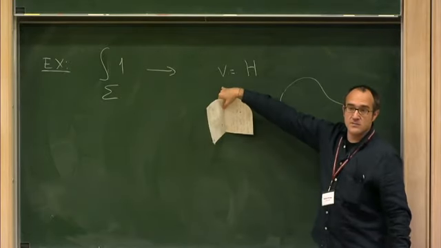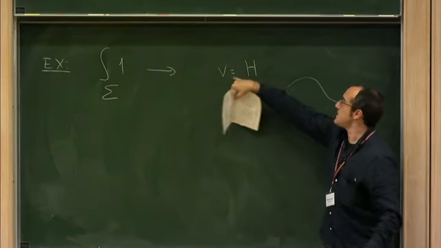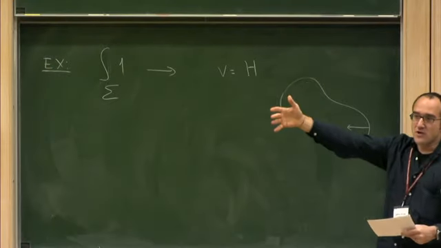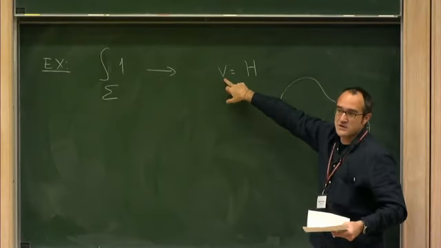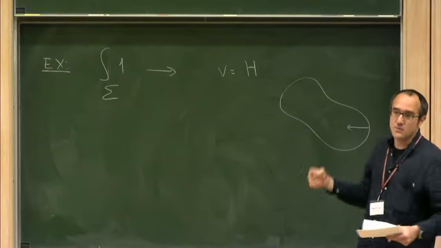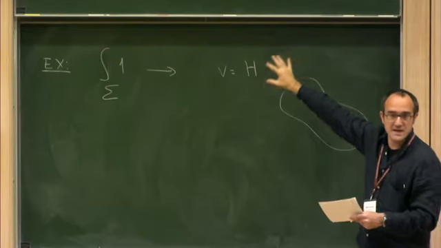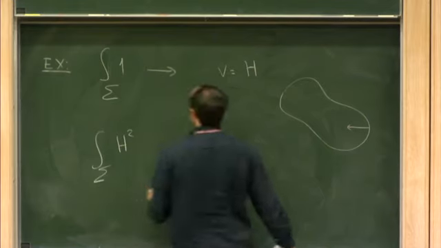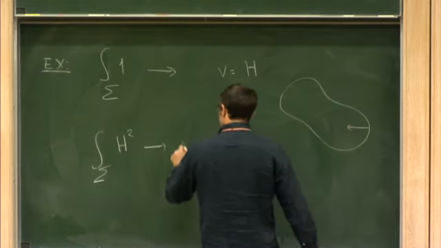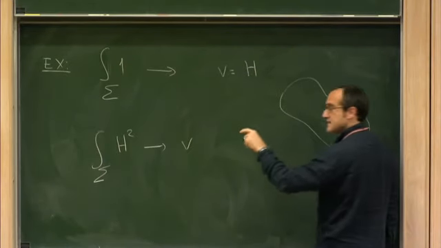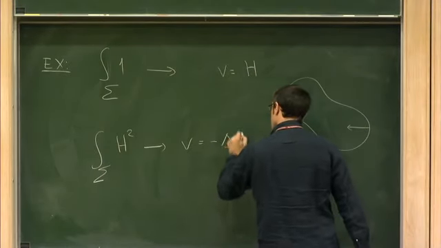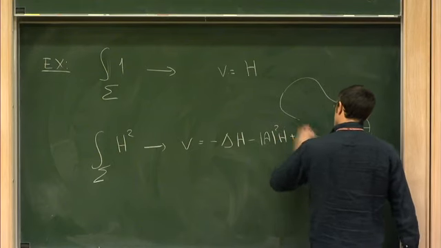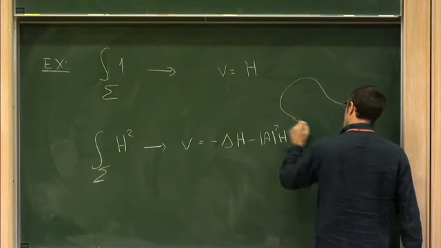The scalar normal velocity, it depends, now when I use this convention I think of H as a scalar, which is positive on convex, and V is a normal velocity, which is a scalar, and the direction is inward, but it is only a matter of convention for the sign. And another typical example, but more difficult somehow, is this one, which produces now, with this convention of normal inside, I think there is a minus here, minus Laplacian of H minus A squared H plus H cubed.